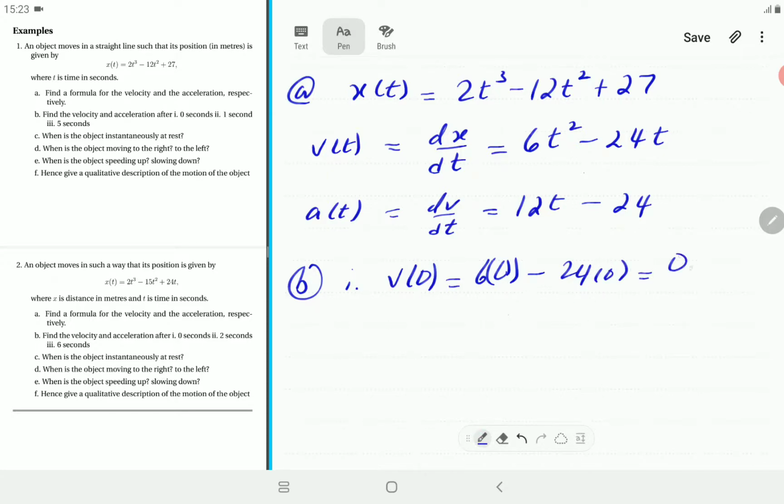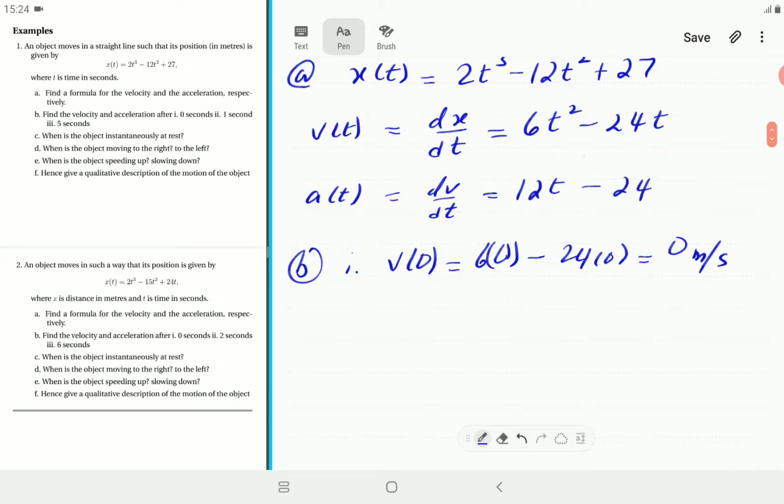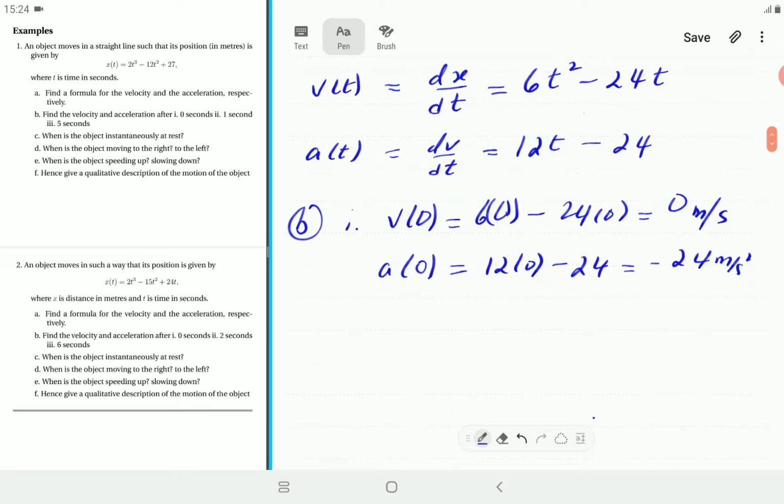So that means the initial velocity of this object is going to be 0. So this object starts off from rest. Then the initial acceleration is going to be 12 times 0 minus 24. So this is going to be negative 24 meters per second squared. So that means as the object starts off, the acceleration is going to be negative 24.